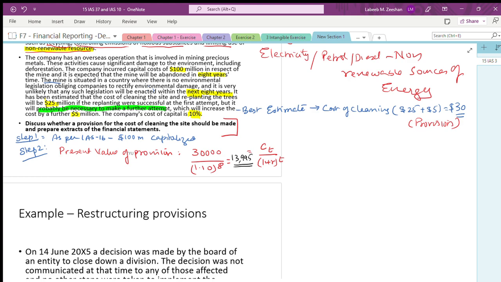Fine. Next, what happens is depreciation. Depreciation also we have to make sure. Step 3, depreciation.